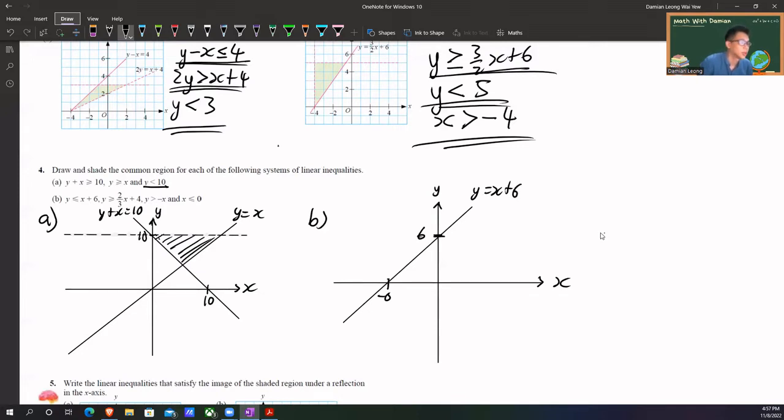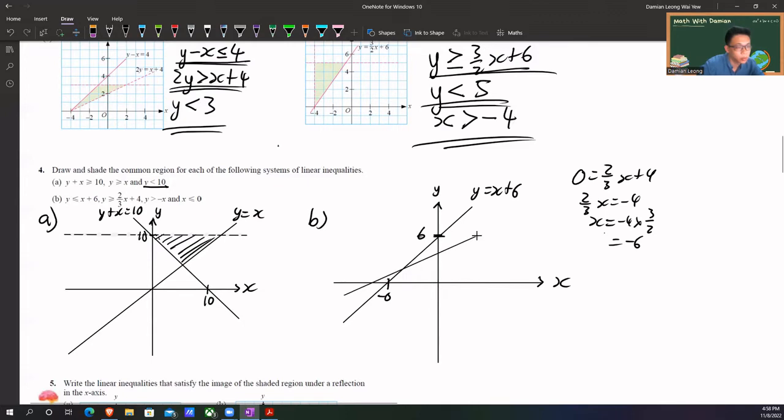And this one, y equals 2 over 3x plus 4, y-intercept is 4, going upwards. X-intercept: 0 equals 2 over 3x plus 4. So 2 over 3x is negative 4, x is negative 4 times 3 over 2, which is negative 6. So it has the same x-intercept, y-intercept is 4.